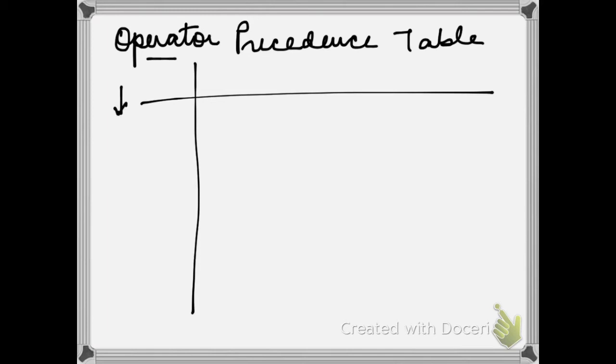Along the rows we list out all the operators, and in the same way we list out the same operators along the columns. When I say operator, I mean all the terminal symbols and the special symbol $. The dollar symbol, marking the end of the string, is also added.